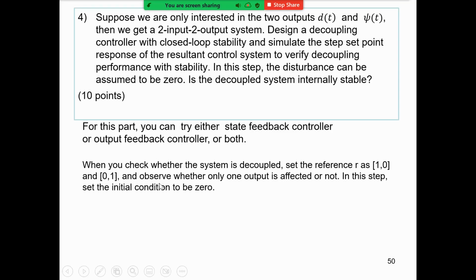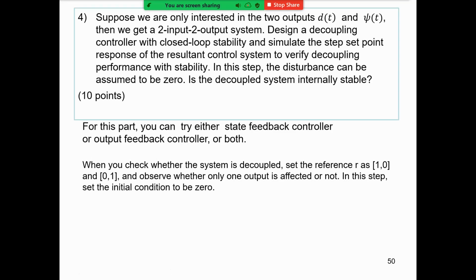Then if the system is decoupled, you should observe one output will change, the other output will be 0. If you don't observe that, it means that one input will affect both outputs, so the system is not decoupled. So that is a simple way to check whether the system is decoupled or not.